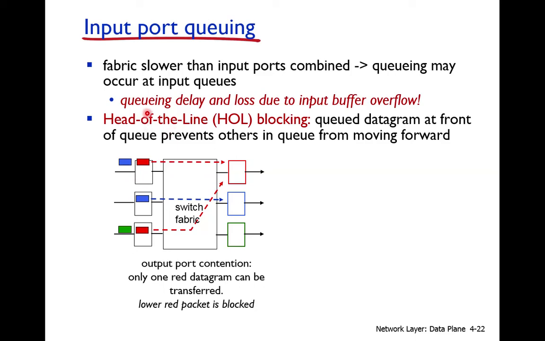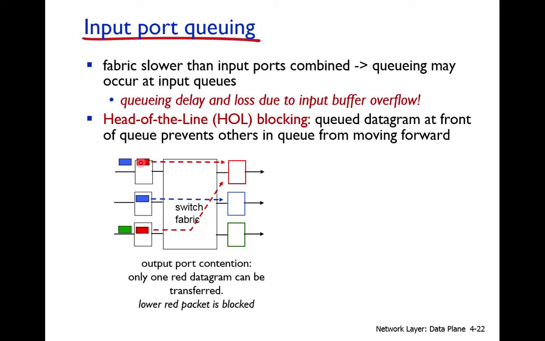So if packets are stored in the queue, there is queuing delay and loss due to input buffer overflow. For example, when this blue packet arrives, the red packet is already stored in the queue, so the blue packet will also be stored in the queue. It has to wait.